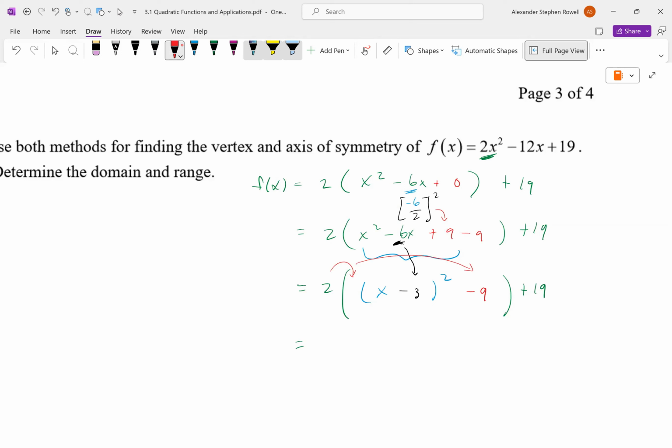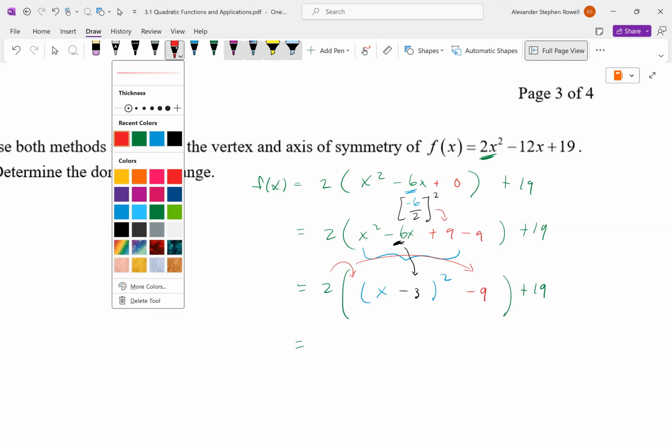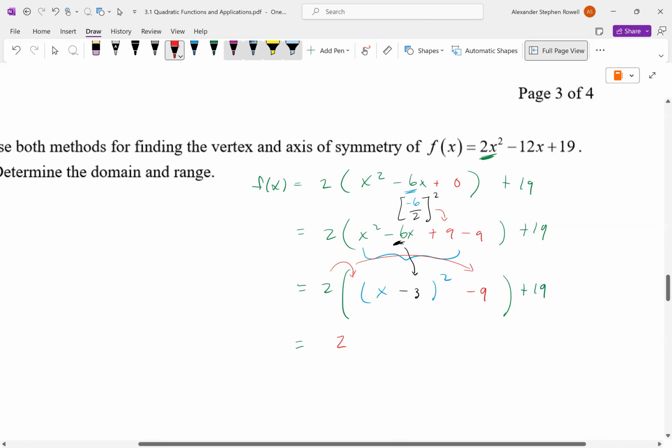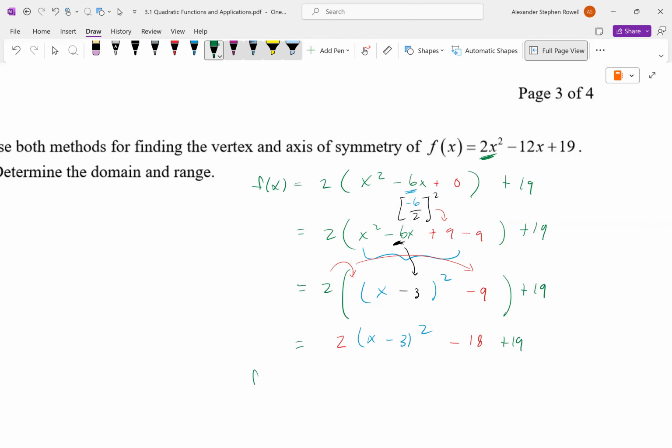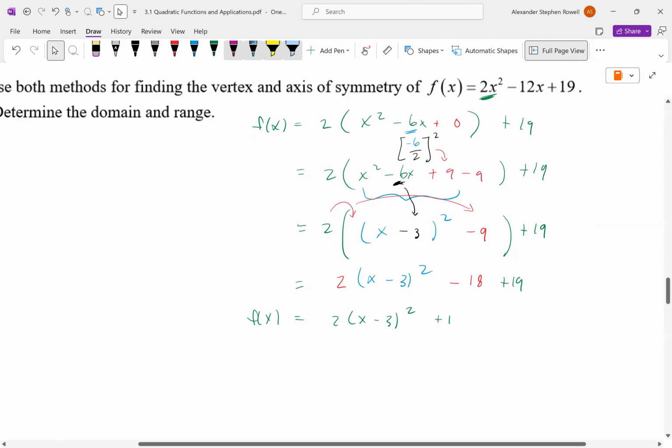Technically, FOIL is a binomial times binomial. But by FOIL, you mean multiply, and that's correct. So we have 2 times x minus 3 squared, and 2 times -9, -18, plus 19. So our function is equal to 2 times x minus 3 squared plus 1.